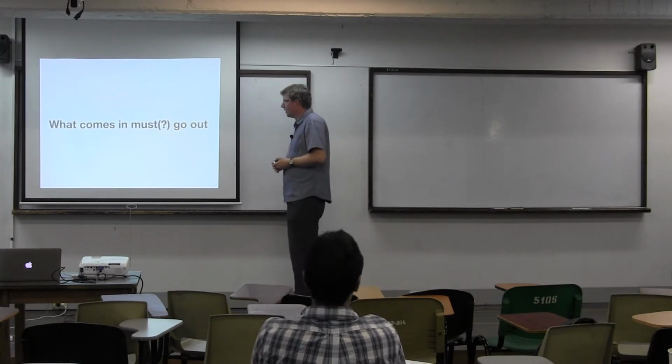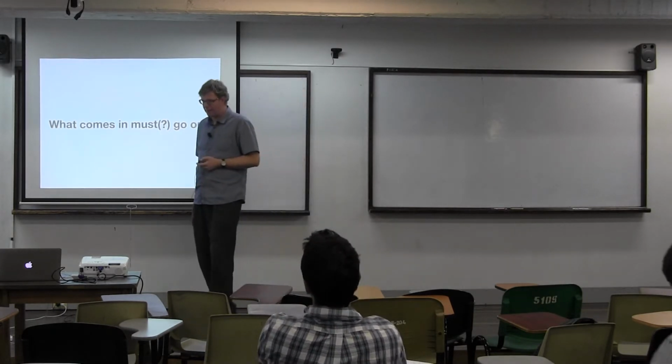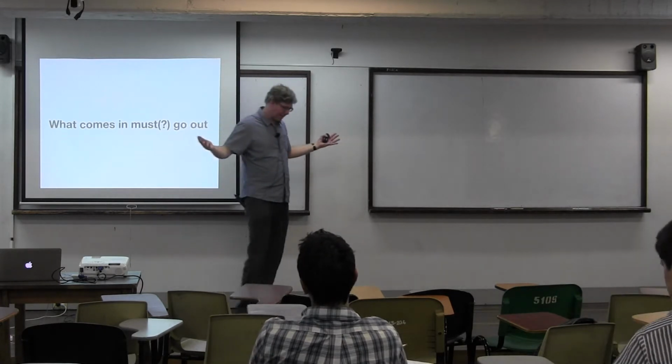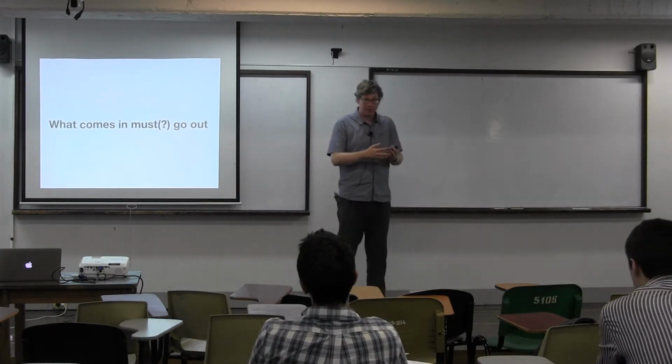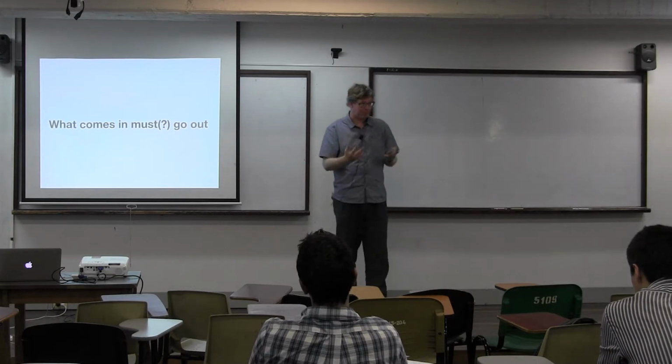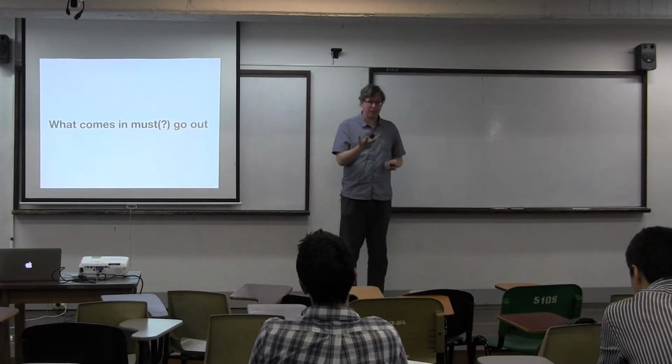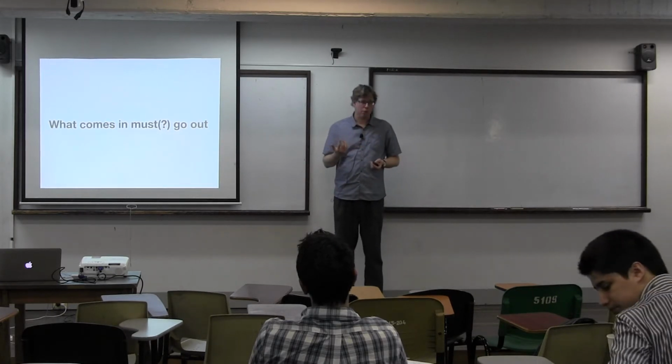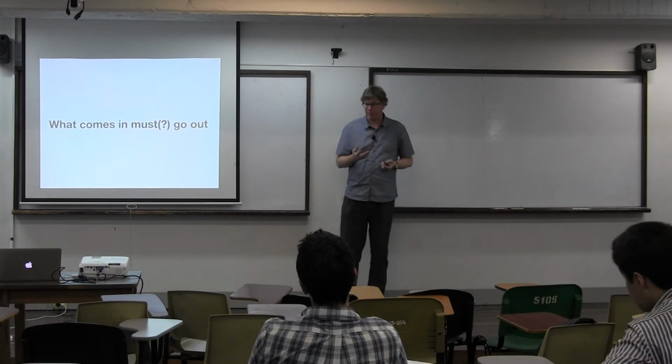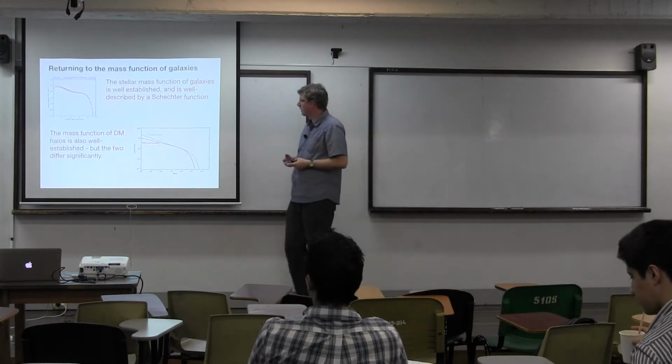Okay. So what I want to talk about now is getting gas into halos and also see what comes out of them. But it's useful before I get to that to perhaps talk about some of the problems that we face for galaxies.